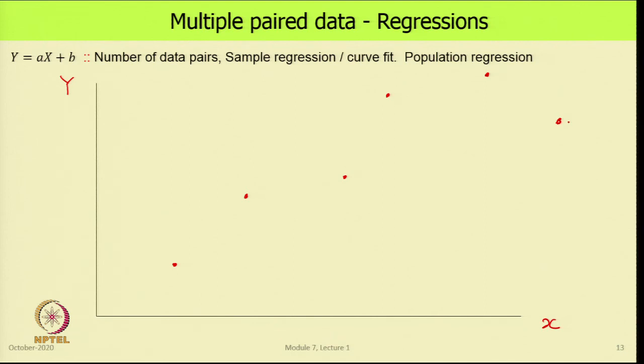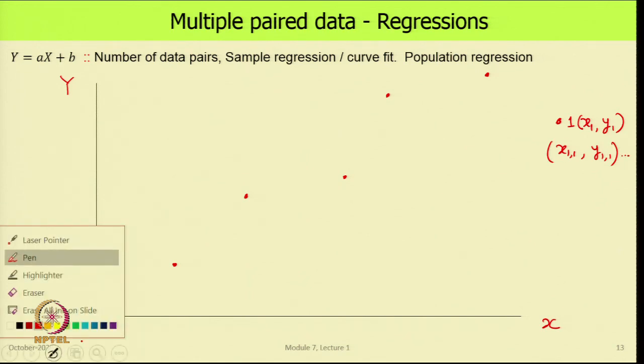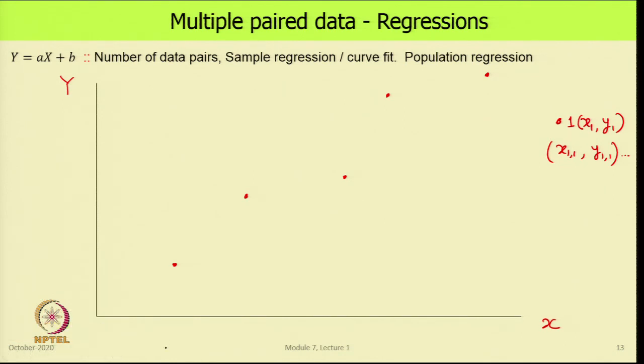So, this symbol, this is data set number 1, which gives us x1 y1 pairs, which for each point will actually end up being x1 comma 1, y1 comma 1. So, that is this point, x1 comma 2, y1 comma 2 would be this point, and like that. Then we say I did an experiment a second time, or somebody else did the experiment a second time, and we will plot their values.